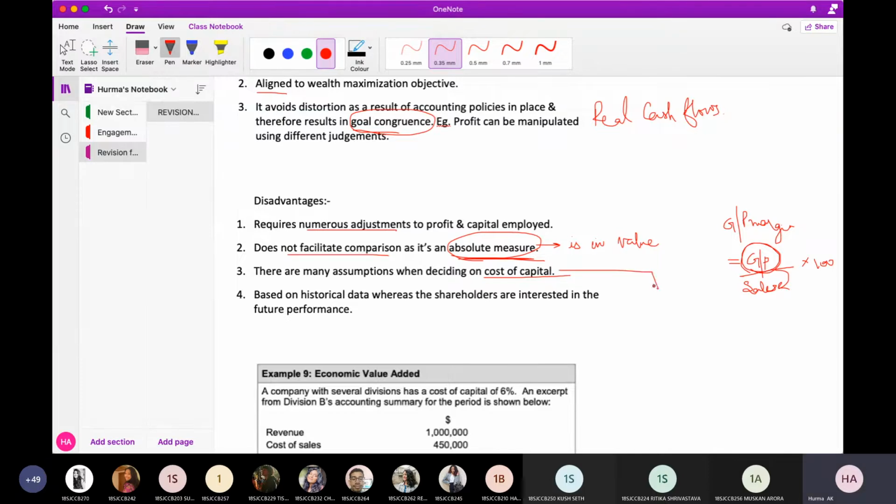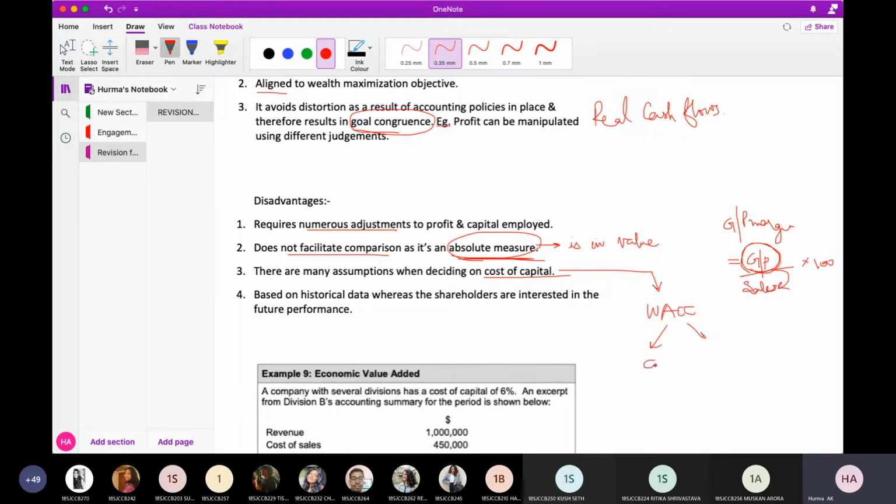Have you guys studied weighted average cost of capital? Yes, ma'am. In the previous semester. You have, no? So how do you calculate this weighted average cost of capital? You have two things mainly, right? You have the cost of equity.